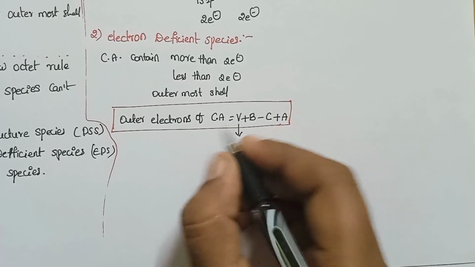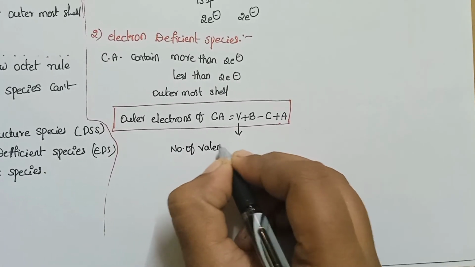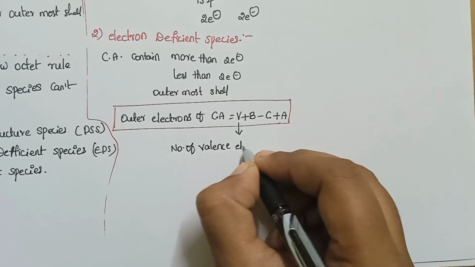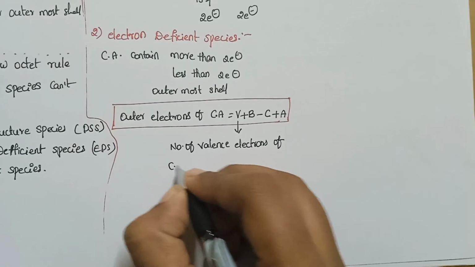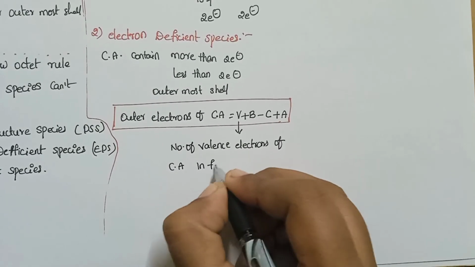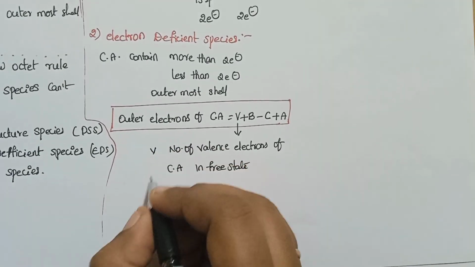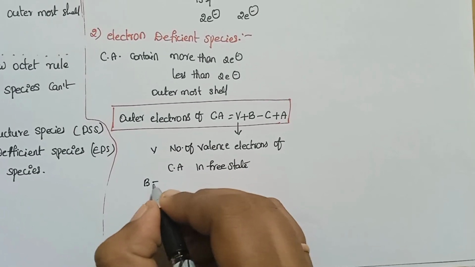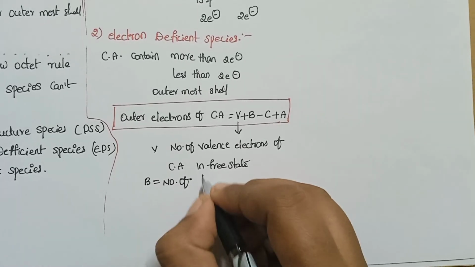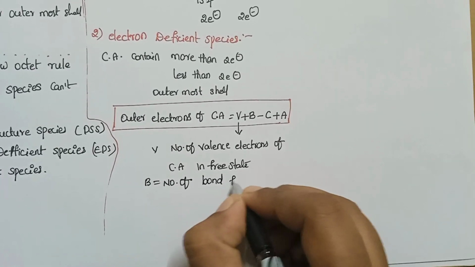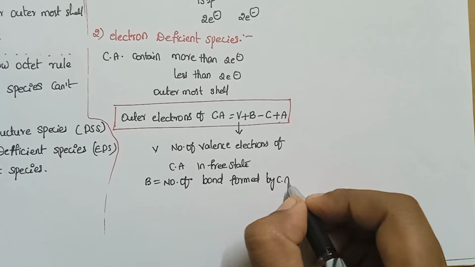B means number of bonds formed by central atom.